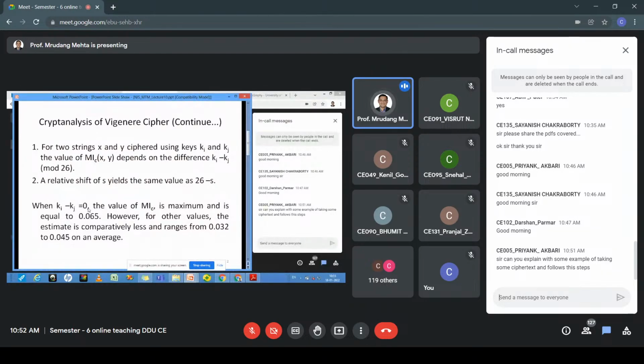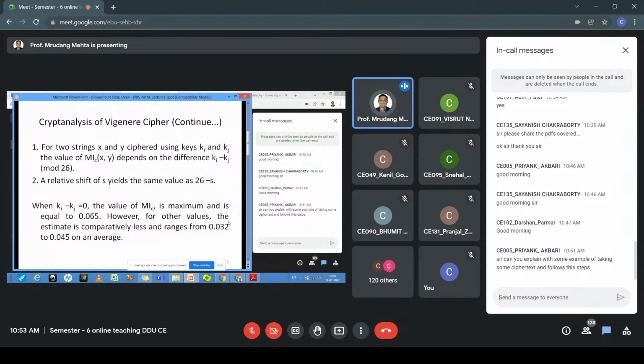So when Ki minus Kj is 0, that means if we take the difference between these two keys, Ki and Kj, and it is 0, then MIC XY is maximum and it is equal to 0.065.